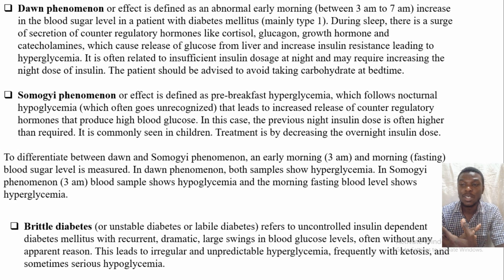For no apparent reason, one day the sugar levels are high, the other day they are low, then normal. It's high, it's low, it's normal. So maybe they have some other problems that you have not dealt with, or the patient is just responding poorly to the medication you have given them. So you may want to change the medication.